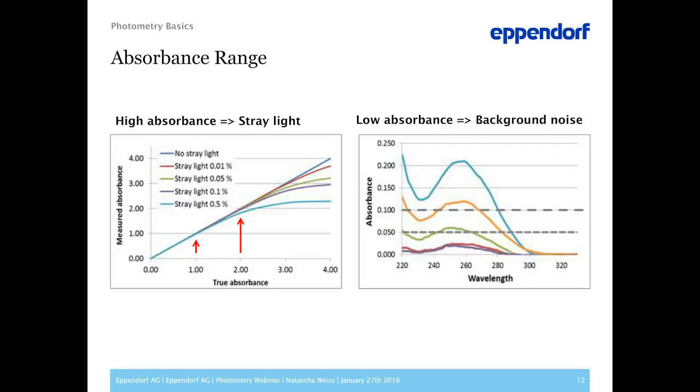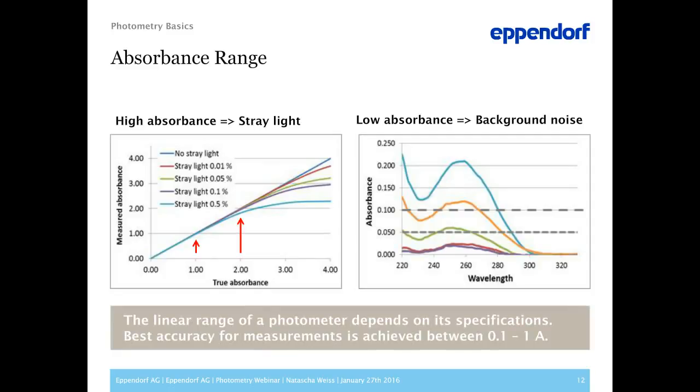It has to be considered that the percentage of the error increases with low concentrations, and you have to decide by yourself which error is acceptable for your application. To be on the safe side, your values should lie between 0.1 and 1.0 absorbance units.